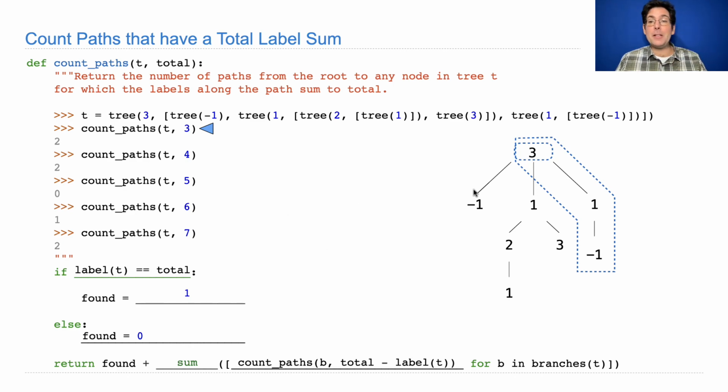If I was originally looking for 7, I would have to subtract out this 3 and look for a path down here that adds up to 4. And here's the logic to do it. Take the total, subtract the current label's value, and that's the total that remains in order to reach a full path sum of total by considering a path through the current node at the root and then followed by some path through one of the branches.